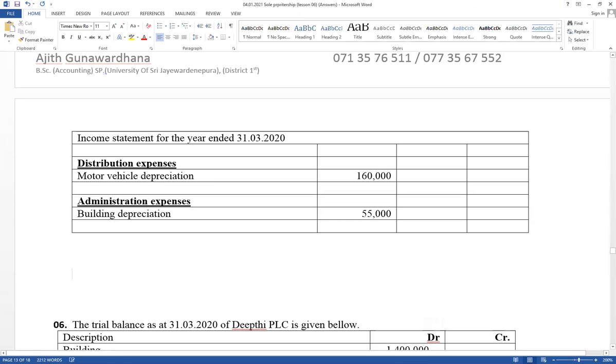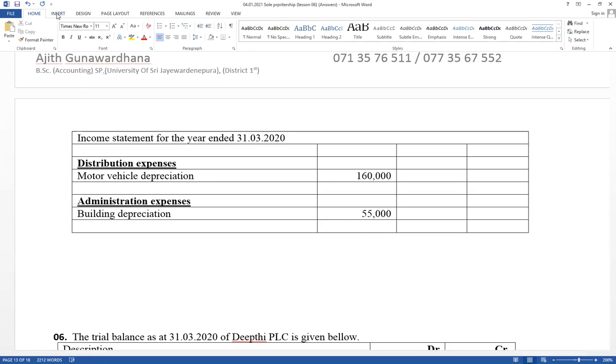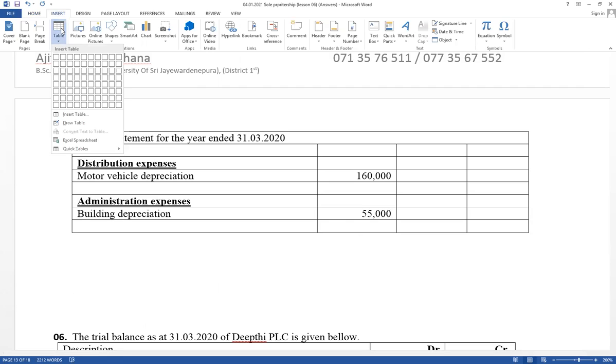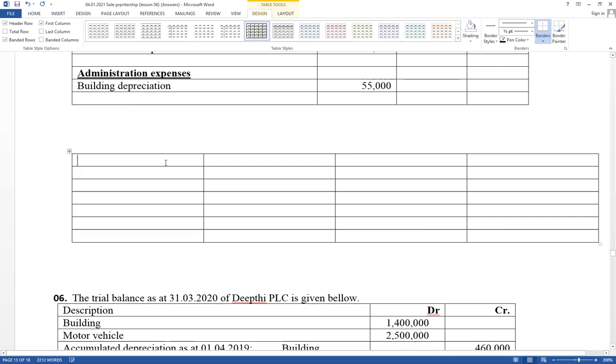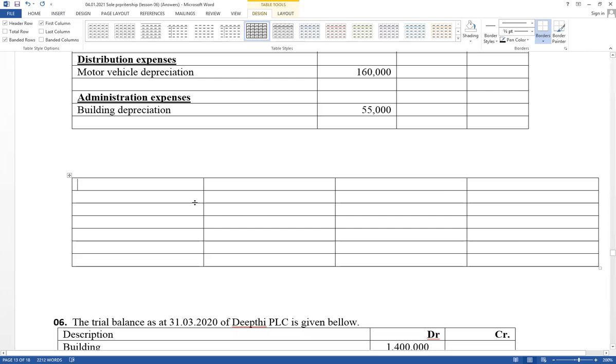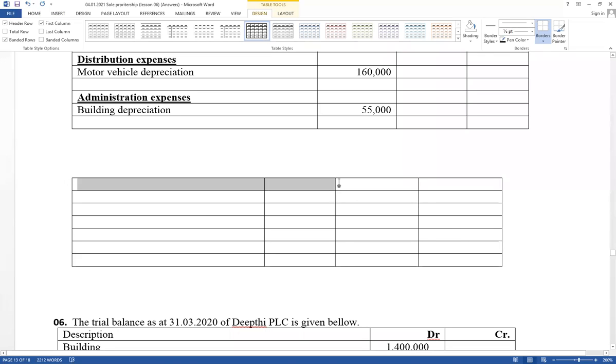And think about the statement of financial position also. Land, building, motor vehicle cost values should be included in the financial position. 3 columns. Therefore, this is the statement of financial position. Cost minus accumulated depreciation gives net book value, under non-current assets.